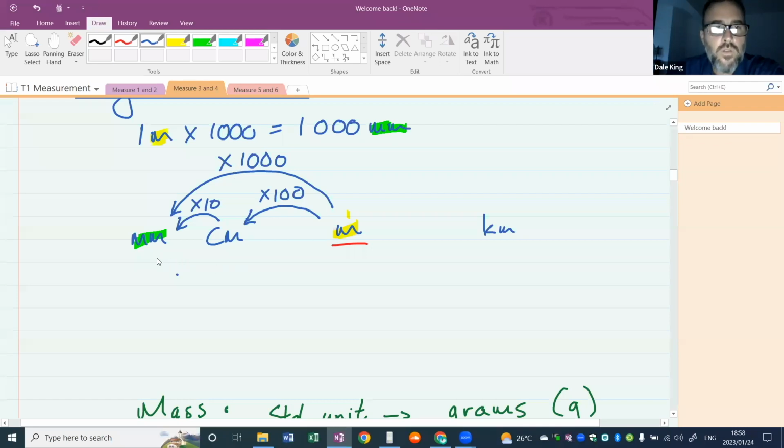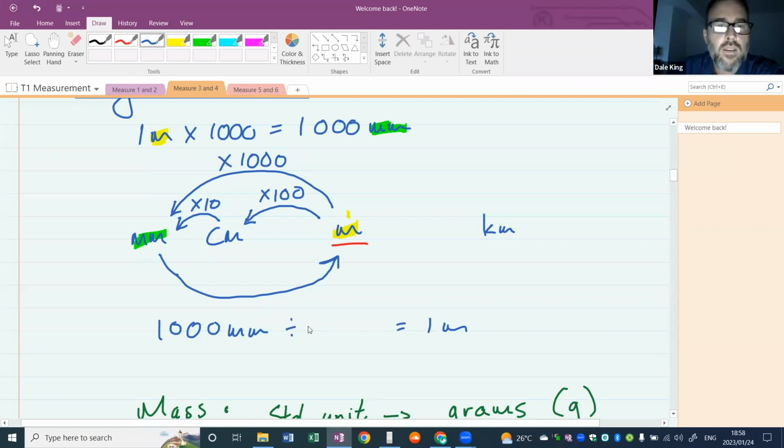Okay, if you want to go from millimeters back to meters now, let's say you've got 1,000 millimeters and someone says to you, look, I only work in meters. You're going to have to change your millimeters into meters. You're going to say, fine, I know what to do because I know every 1,000 millimeters is 1 meter. So how do I get that 1 meter?